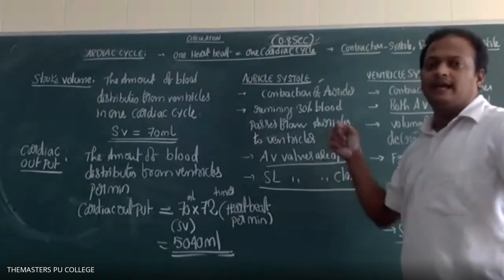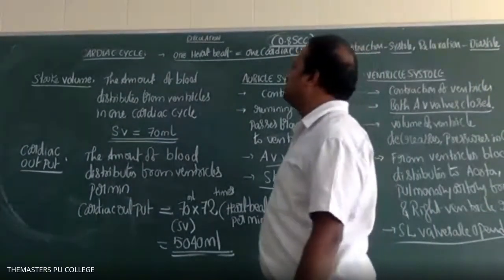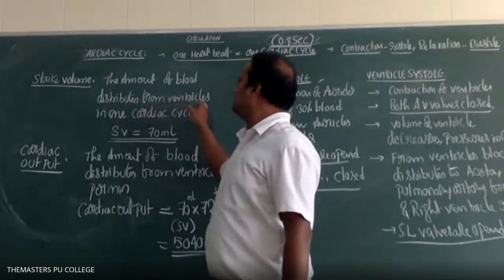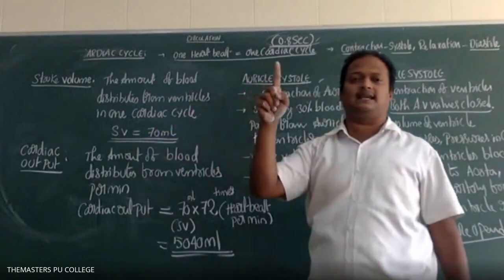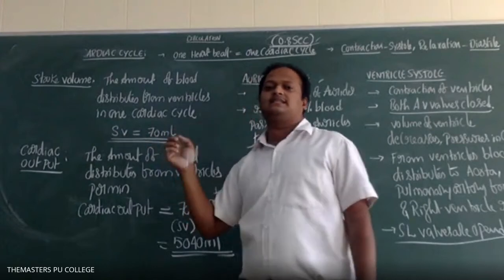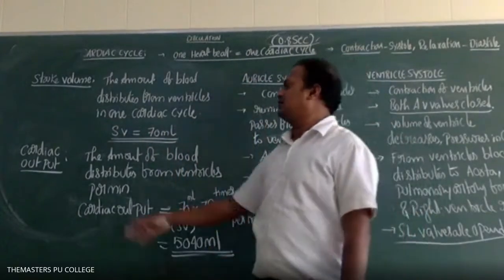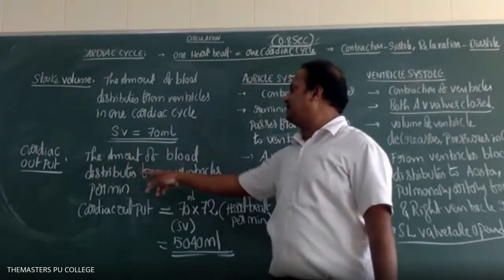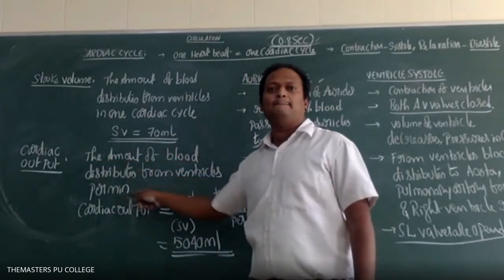Stroke volume and cardiac output. What is meant by stroke volume, students? The amount of blood distributed from the ventricle in one cardiac cycle is called stroke volume. The value of stroke volume? SV is equal to 70 ml. So next one, cardiac output. What is meant by cardiac output? The amount of blood distributed from the ventricle per minute.